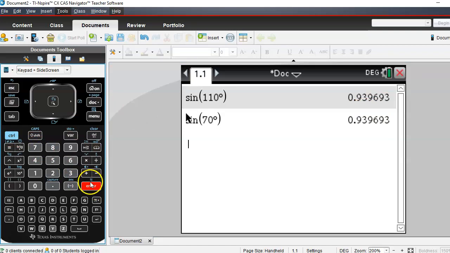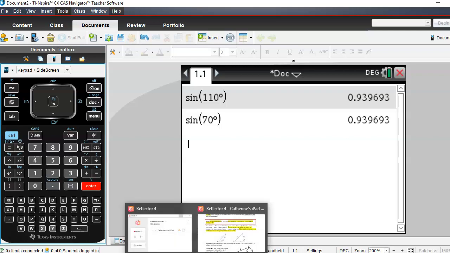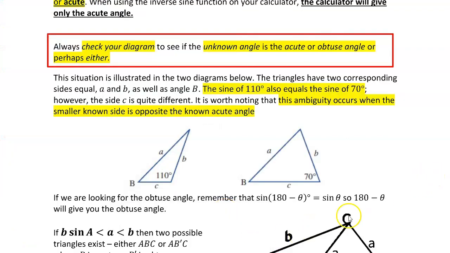Please note I use my approximately equal to get myself that decimal answer. But yet they are the same. So we can't tell which one it will be unless we have a diagram or some kind of indication.